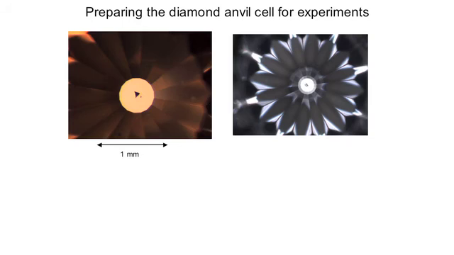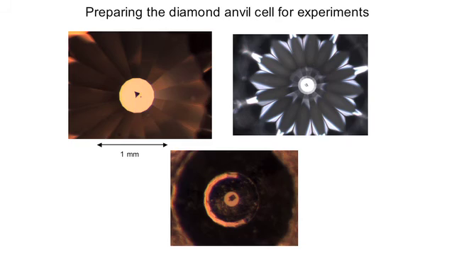And here are a few pictures of samples from the microscope showing the very small size. This arrow is 1 millimeter. And different samples on top of the culet, and then the gasket is lowered down over, say, a nice single crystal of an oxide, representative of Earth's lower mantle.